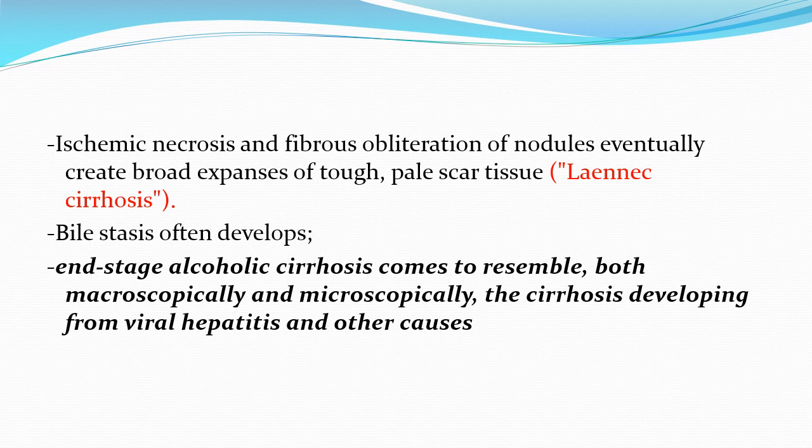Ischemic necrosis and fibrous obliteration of the nodule eventually create broad expanses of tough, pale scar tissue, developing Laennec cirrhosis. There might be bile stasis, and end-stage alcoholic cirrhosis comes to resemble, both macroscopically and microscopically, the cirrhosis developing from viral hepatitis and other causes of hepatitis.